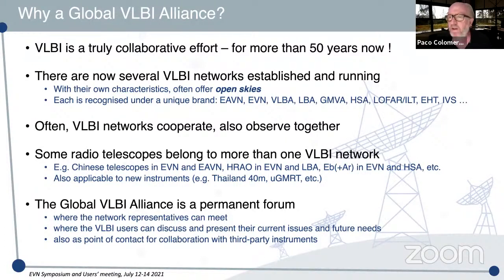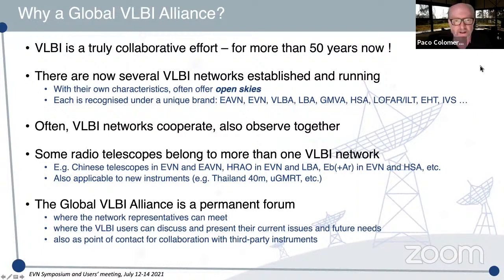Many of them offer open skies, therefore any astronomer with a good idea can access one or several of these networks. And each of them has a well-recognized brand. We hear of the EVN today, but also the EAVN, the VLBA, the LBA, the GMVA, the HSA, the LOFAR ILT, the EHT, the IVS, all these acronyms, some more fortunate than others.